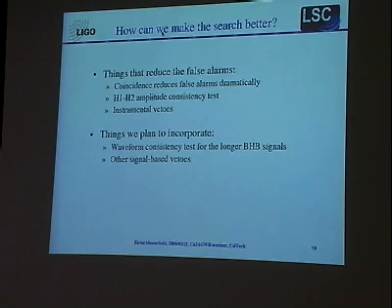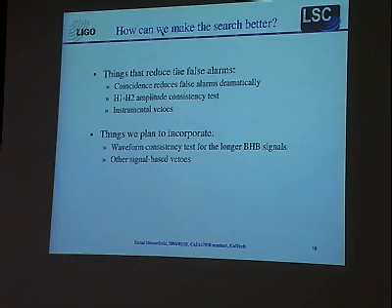Things we do plan to incorporate in the search to make it better and make a more distinct distribution of accidental coincidences and injections: the waveform consistency test that I mentioned, we can now do for the longer black hole binary signals because the frequency above which we search has been reduced from 100 Hertz in S2 to 40 Hertz in S4 and S5.